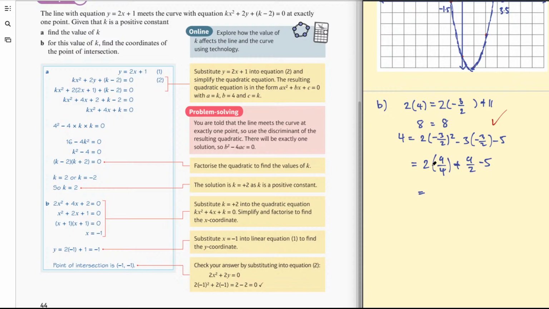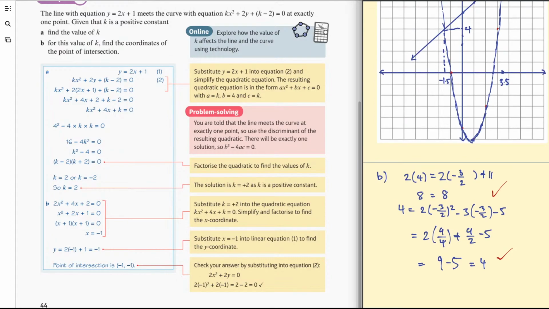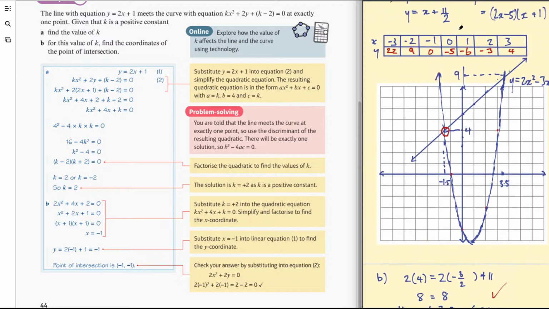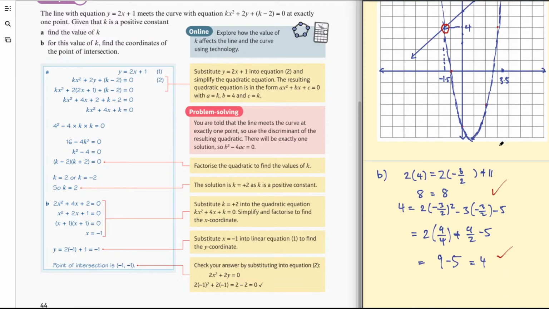And this is like 9 on 2 is 4.5, plus 4.5. That's 9, take 5, which is 4. So that is working as well. So this is a definite solution for the equation, -1.5, 4. And the other one I said was 3.5, 9.